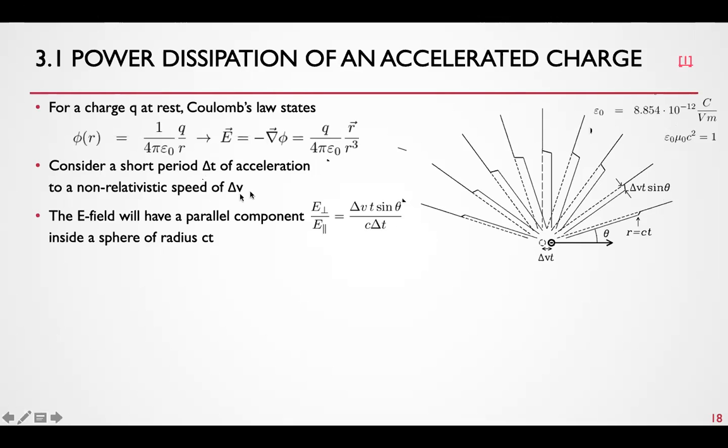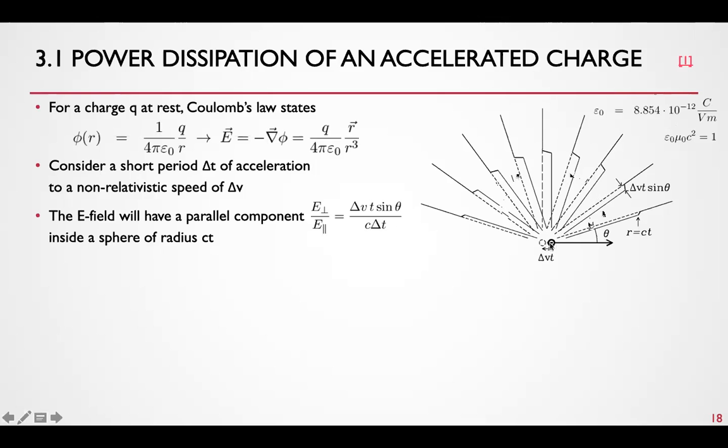So we are saying that we have a particle at rest and we give it a little kick. And after that little kick, it moves at a low velocity. This is not a relativistic calculation. This means that after the acceleration, it will still have a radial field.